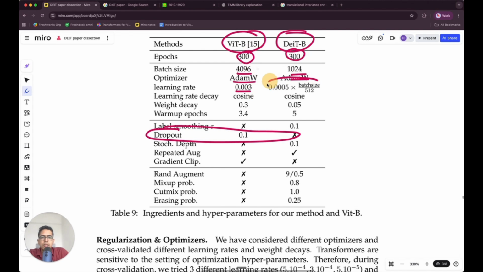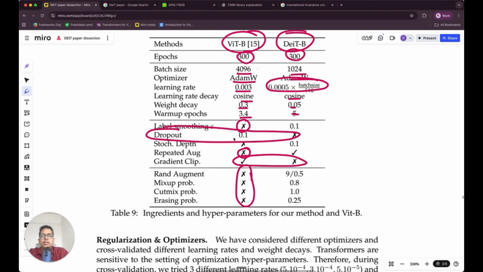Here it's a function of batch size, cosine learning rate decay, weight decay 0.3 versus 0.05, warmup epochs, label smoothing. Obviously Vision Transformer did not have any label smoothing. Dropout, gradient clipping, repeated augmentation, random augmentation. Vision Transformer did not have any of this.